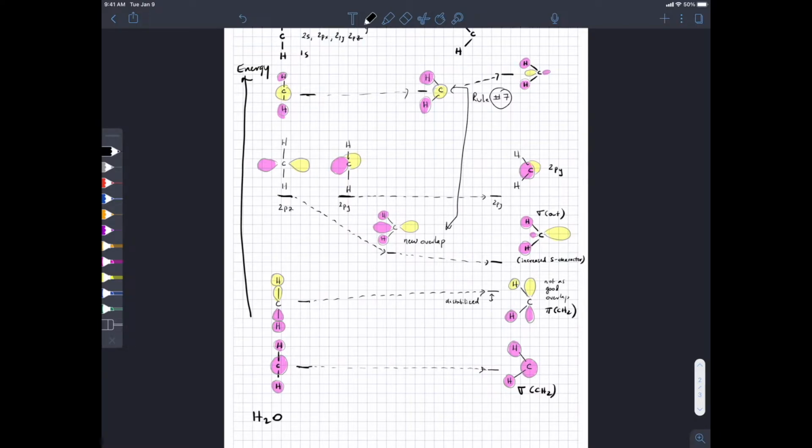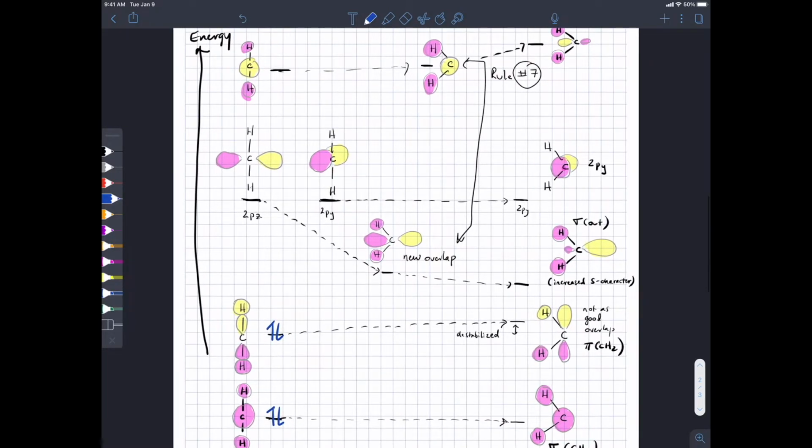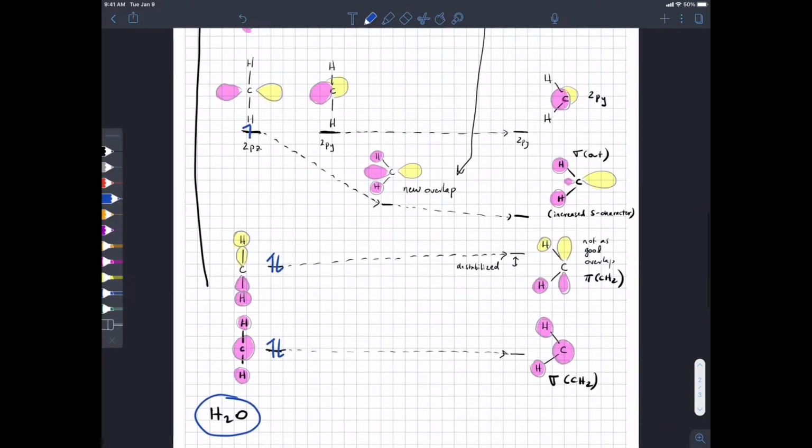Water has 8 valence electrons, so we'll use the color blue for water. And let's ask, should water be linear or should water be bent? So 1, 2, 3, 4. What did I miss? Water has 8. Okay, sorry.